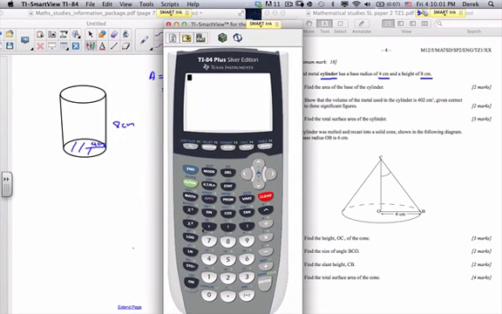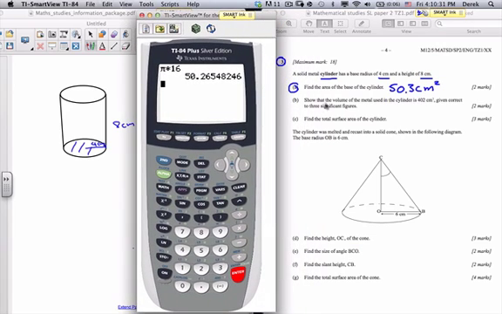We're going to have second function pi times 4 squared, which is 16, and we get our answer of 50.265. So remember to always do it to 3 significant figures. So that's going to be 50.3, and remember to put your units in centimeters squared.